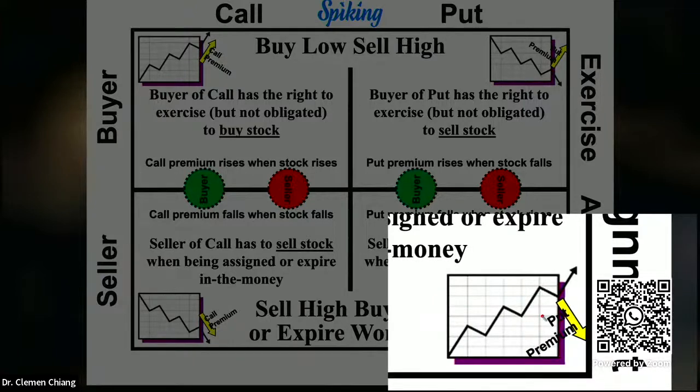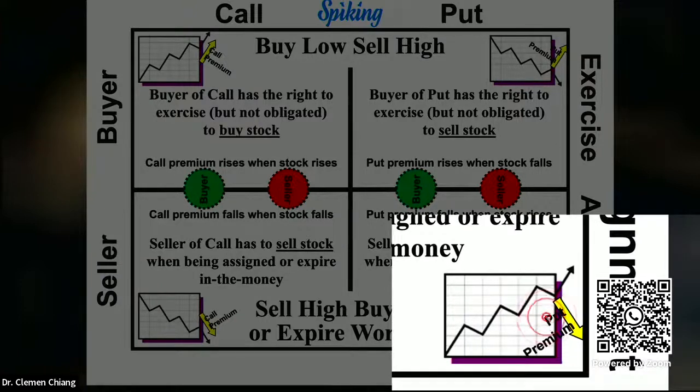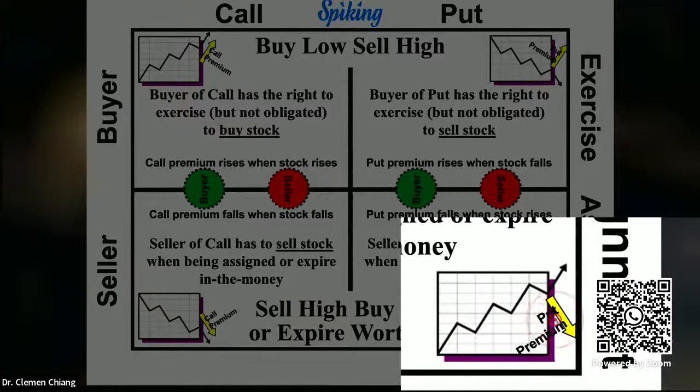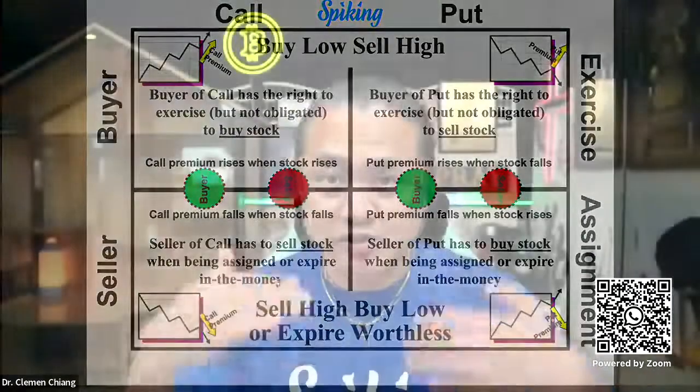A seller sells high first, buys low later, makes money. So as long as the put premium keeps going down, which is represented by the yellow arrow, he can buy low later. So at step one, when he sells high, we are assuming that he sold high at $20.4 million. Now, that is mind-boggling.